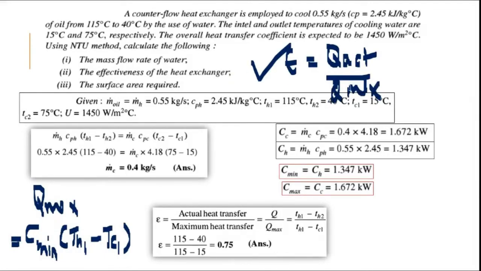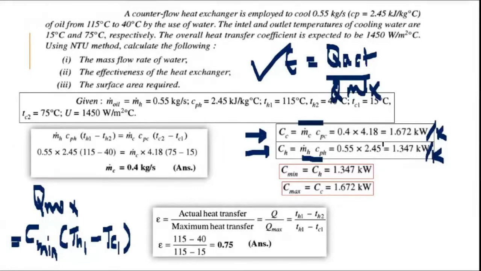Now, what data do we have? We will try to find out CH and CC values. Capital CC is equal to MC into small cc. Capital CH is MH multiplied by small ch. When we find out these two values, we see that capital CC is 1.672 kilowatt per Kelvin, and capital CH is 1.347 kilowatt per Kelvin.